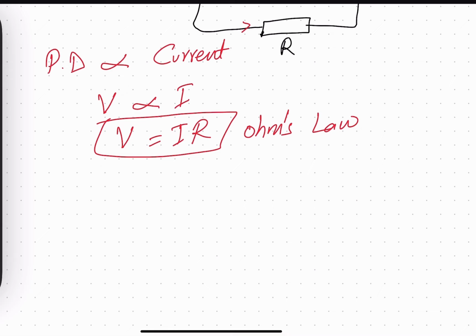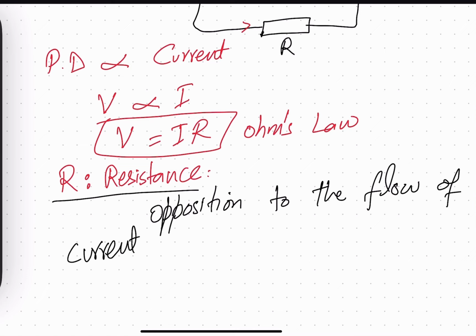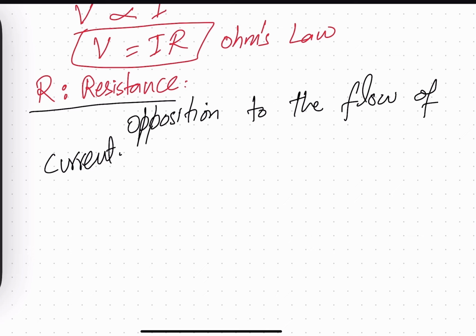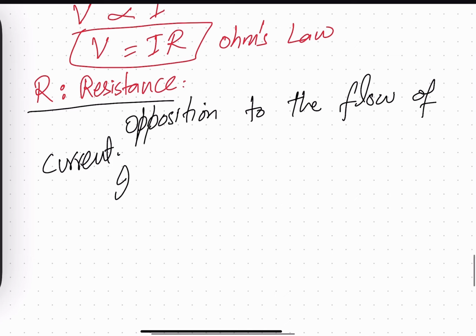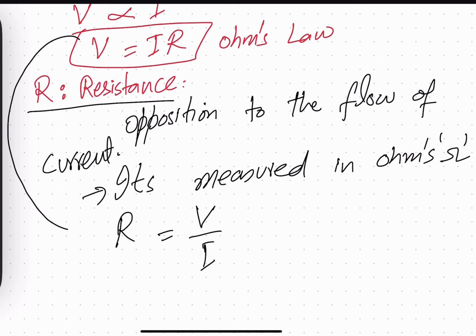So here comes a new variable that is called R. R is resistance. How can we define it? Resistance is basically opposition to the flow of current. Opposition to the flow of current is called resistance, and it is measured in ohms, the symbol is like this, and R can be written as V divided by I. It is derived from the same relation.